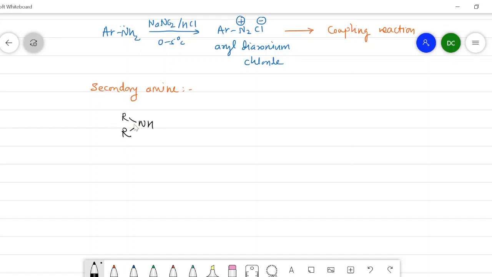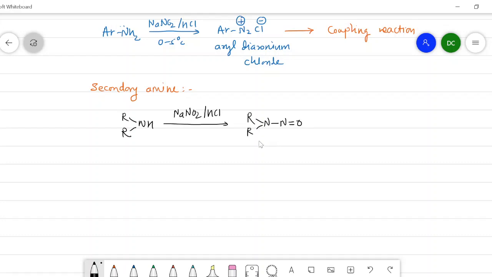It may be an aromatic amine or aliphatic amine, and when it is treated with NaNO2 and HCl, nitrogen becomes attached to the NO group from nitrous acid, and we get this type of compound.